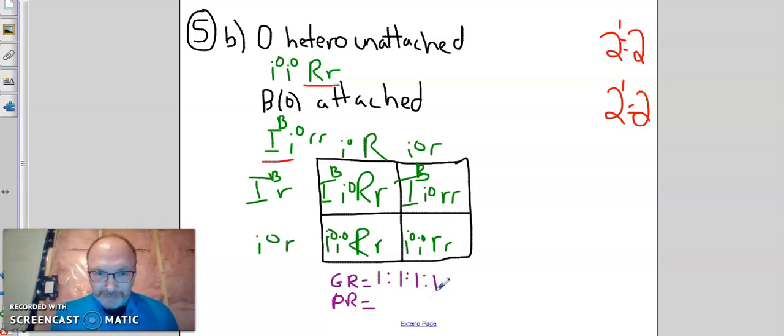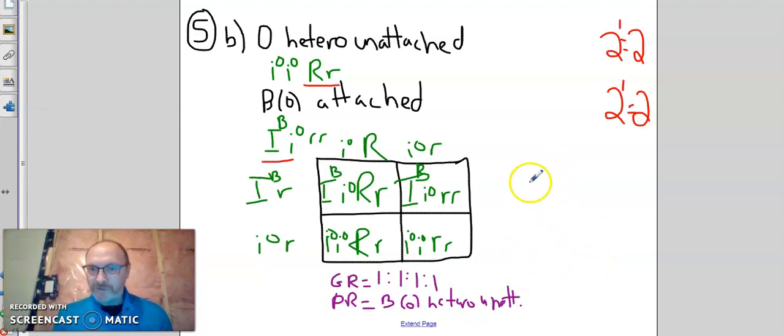What do they look like? So this individual here is going to be type B, heterozygous, unattached, since unattached is dominant. I'm going to have to write up over here, so this is going to bring this up here.